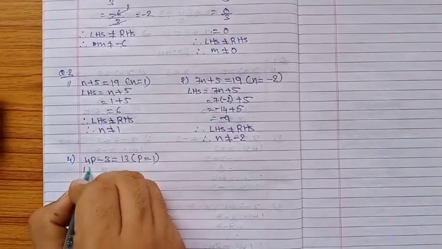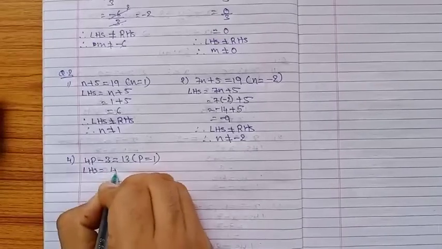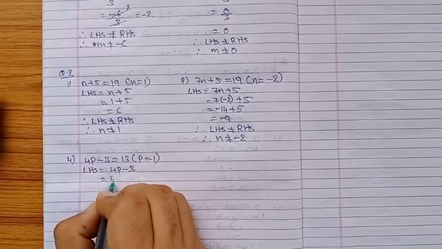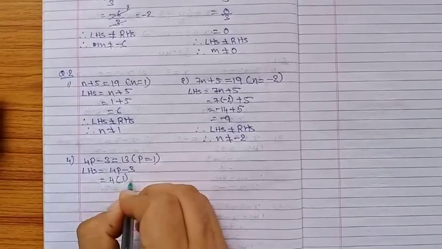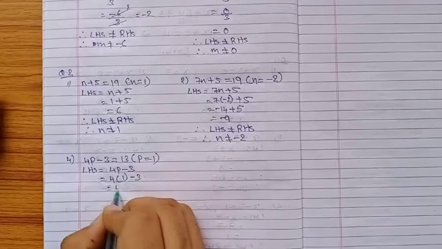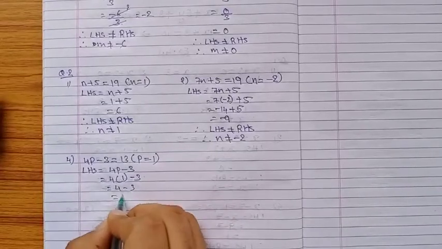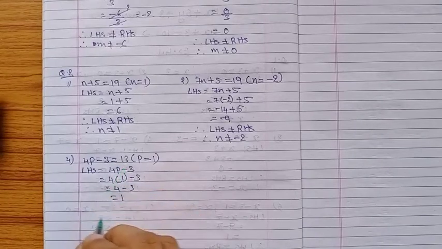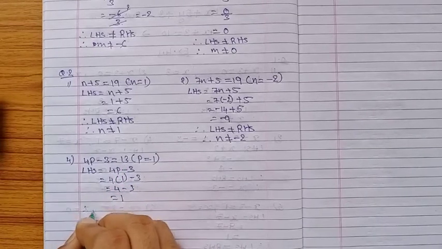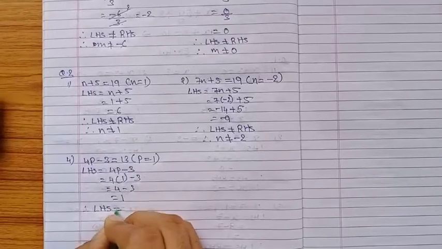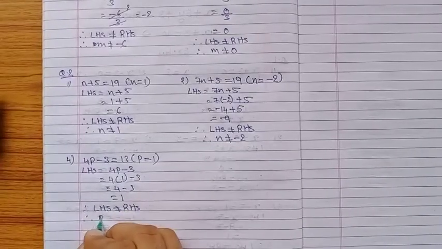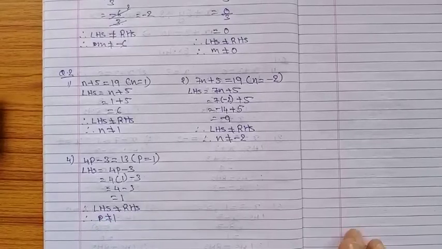The same thing, LHS is 4p minus 3, so 4 into 1 minus 3, so 4 minus 3 is 1, but here it is given 13, it means it is not equal.